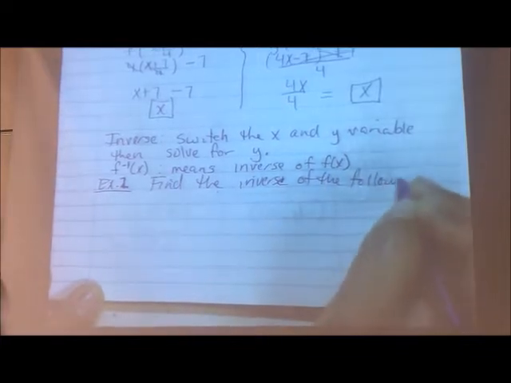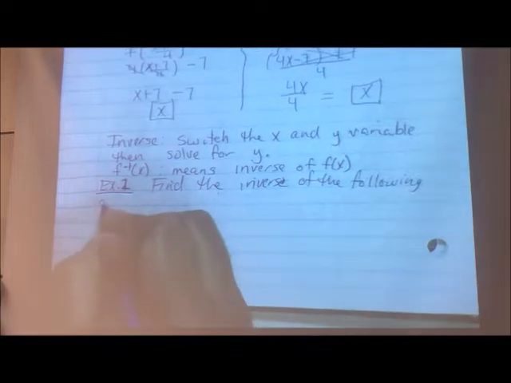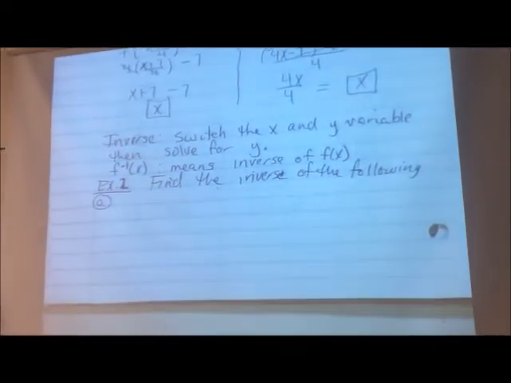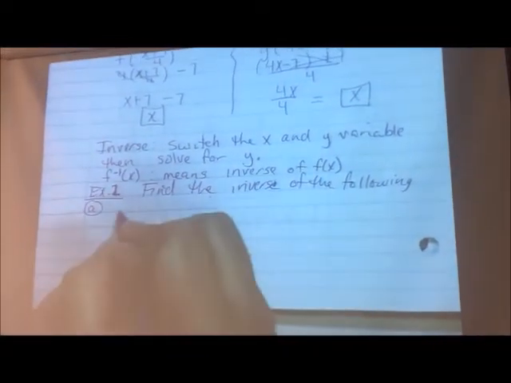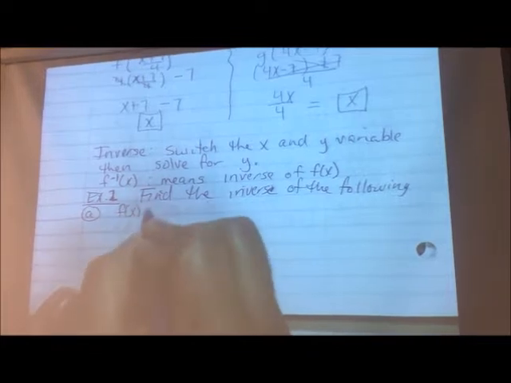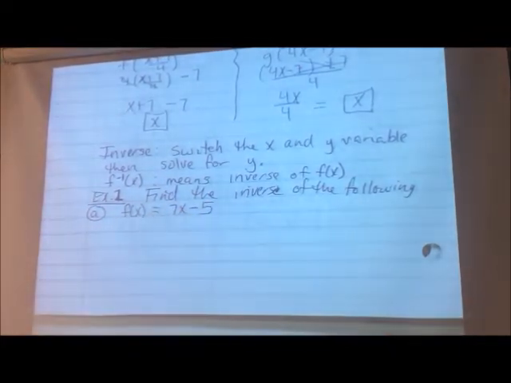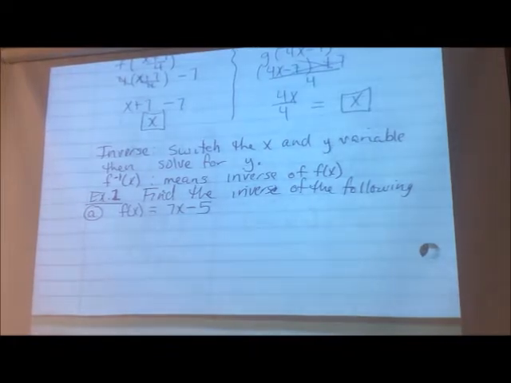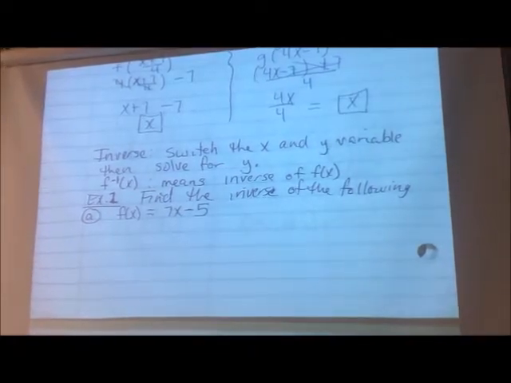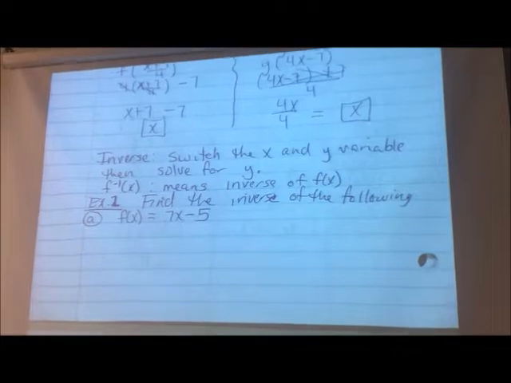We have a couple examples here, but we want to make sure we touch every different version that you could have. If I give you f of x equals 7x minus 5, that's the first one. So the first thing you need to understand is f of x means what?